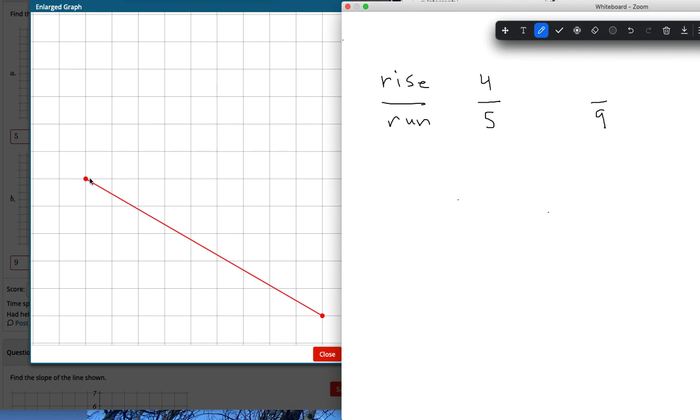And then this one is going downhill, so that would be a negative in terms of the slope because I'm going to decrease that many units for every 9 I go over. And it looks like the down is 1, 2, 3, 4, 5. So for every 9 boxes I'm going over, I'm going down 5 boxes. And that would be the slope for that one.